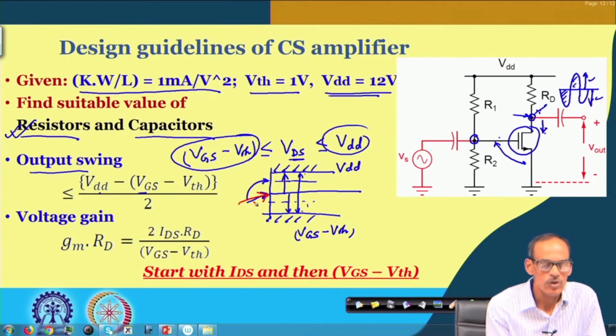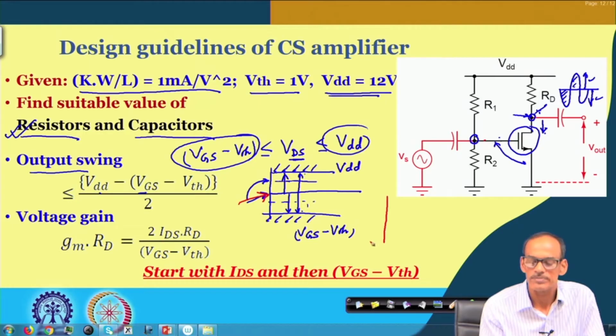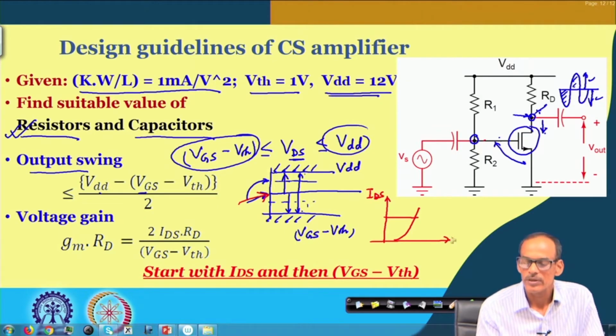Once we obtain the gate voltage, from that we can find the corresponding IDS. So, this is the IDS versus VGS characteristic curve. As we have discussed before, once we fix this operating point, with respect to that operating point the slope of this line is the GM.